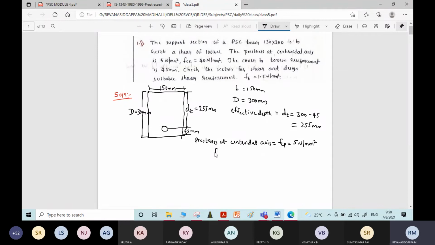Then fck is given as 40 Newton per mm square. ft is given, the tension stress, as 1.5 Newton per mm square.